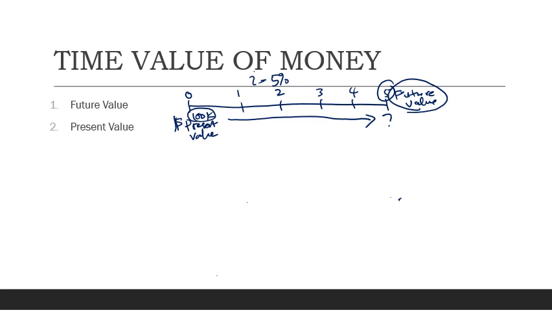For present value, the opposite of it, what is the amount required at the present if I want to achieve 100k?